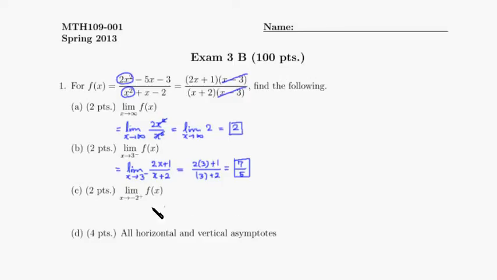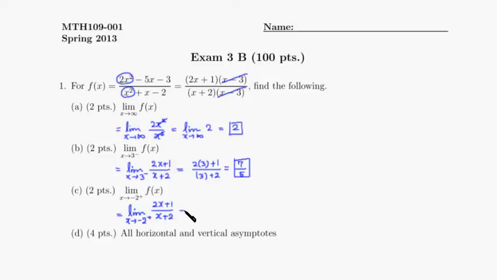Part C. Now x approaches -2 from the positive side. Similar to part B, we can use the version with the x minus 3 canceled out. So x approaches -2 from the right, and what's left is 2x plus 1 over x plus 2.